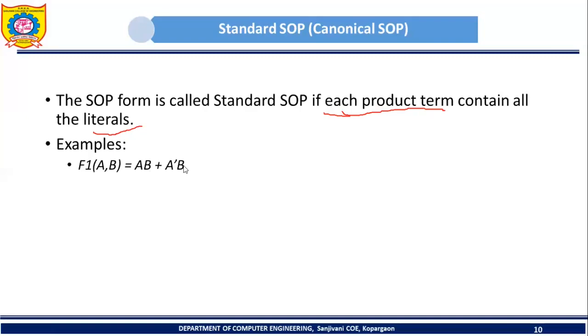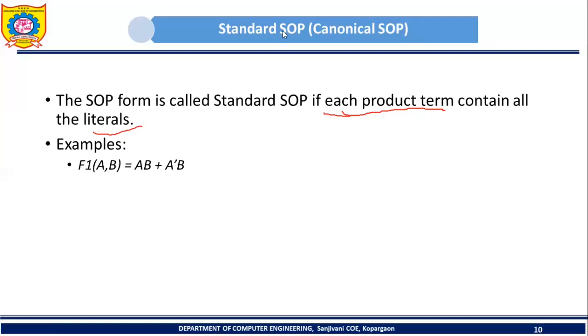Can I say that this particular function is in standard SOP form? It is SOP, right? Why is it SOP? Because here we have product terms and those product terms are summed together. So it is SOP, but whether it is standard SOP.